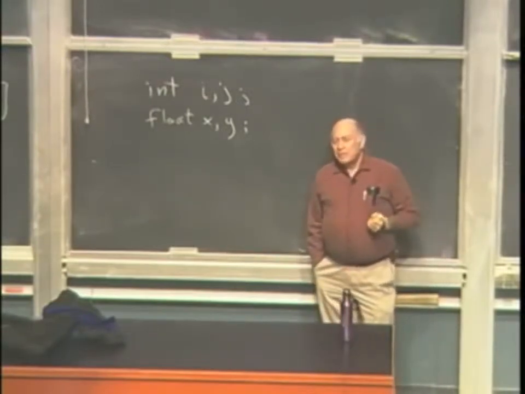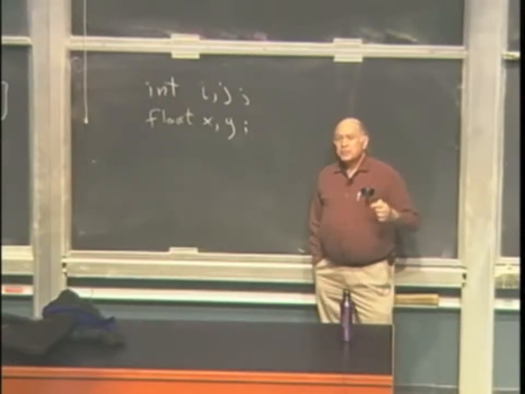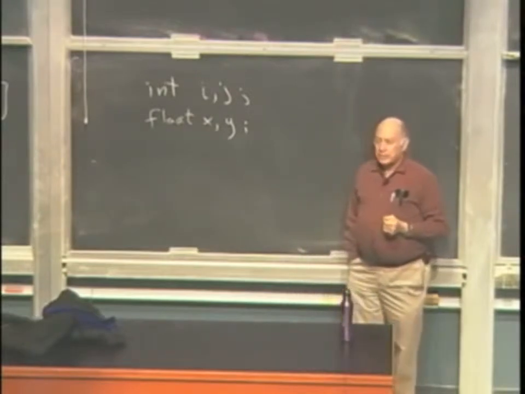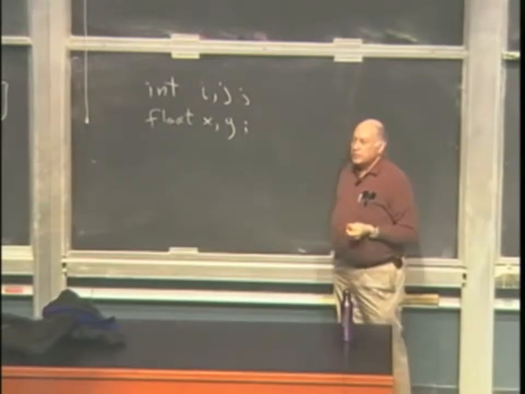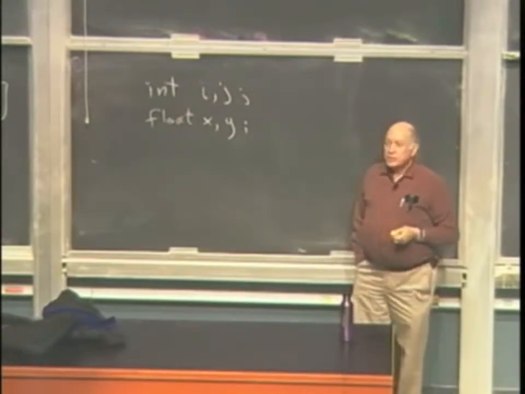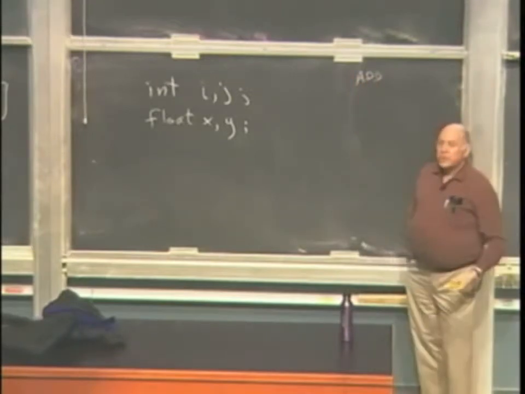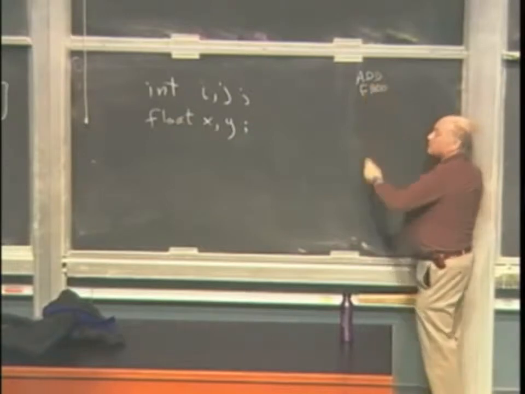Computers have these different representations, the conventions about how to interpret the bits built into their hardware. So in whatever computer you're using, there's going to be an instruction, typically with a name like add, and another instruction with a name something like floating add.